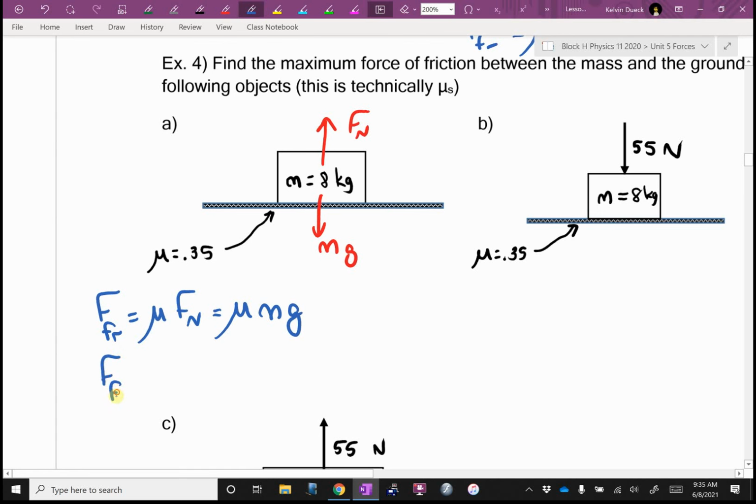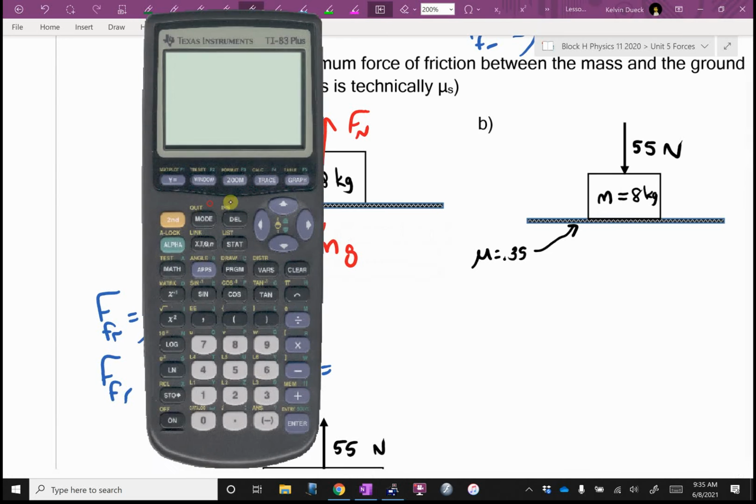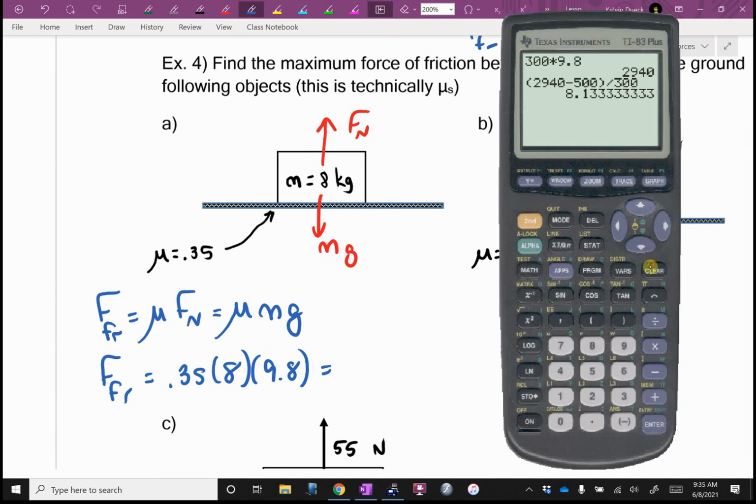In A, friction is going to be 0.35 times 8 times 9.8, which is what? 27.4? Give it to me to all the sig figs. 27.44? Okay.